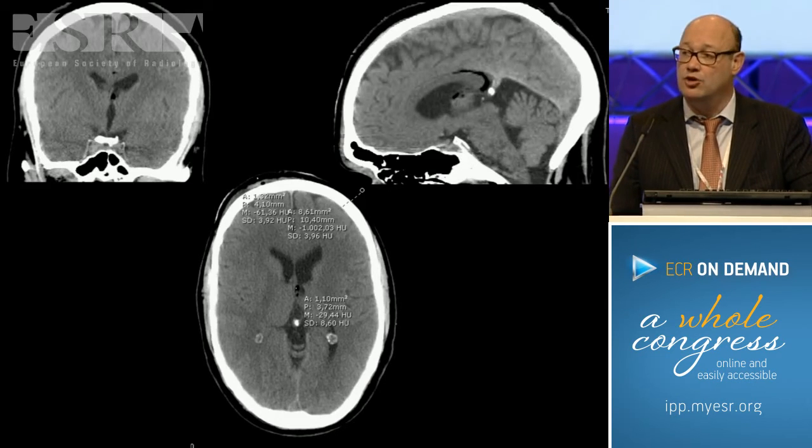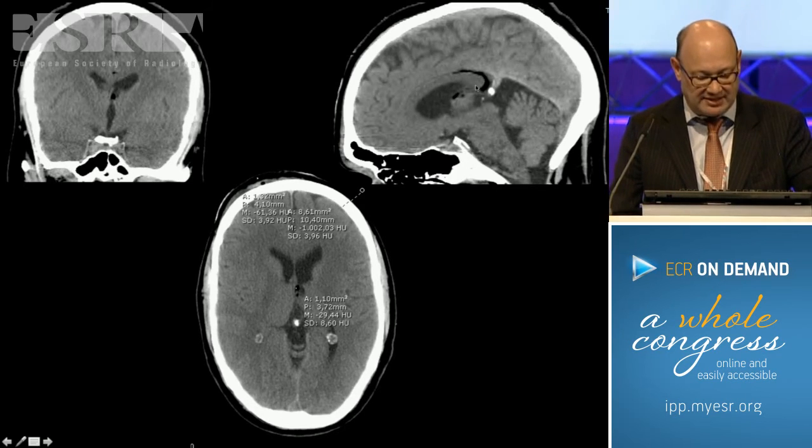Another way to solve the problem is, as I told you before, to make reformattings in different planes. If you make a sagittal reformatting, then you will see that the abnormality is following the curve of the corpus callosum. So this is a typical case of a lipoma of the corpus callosum.